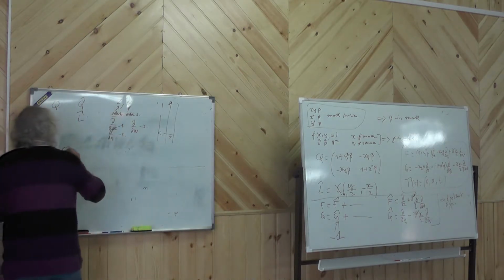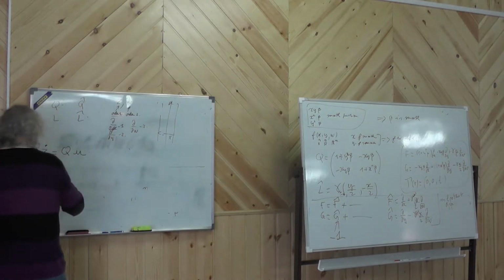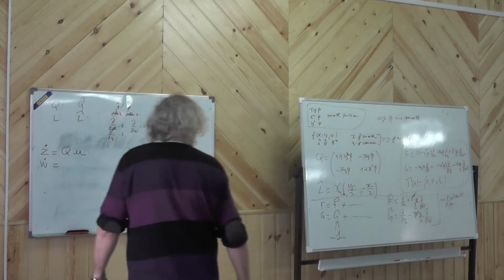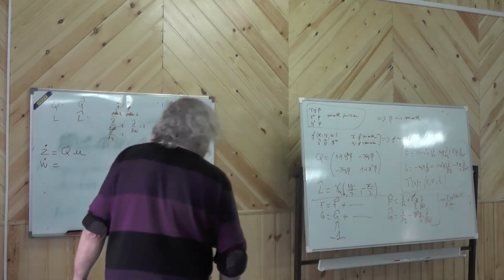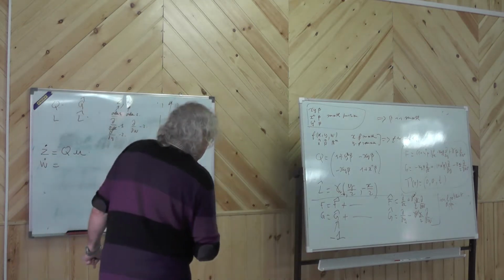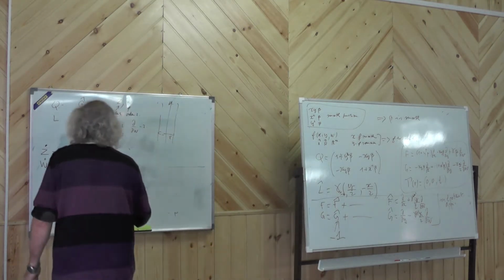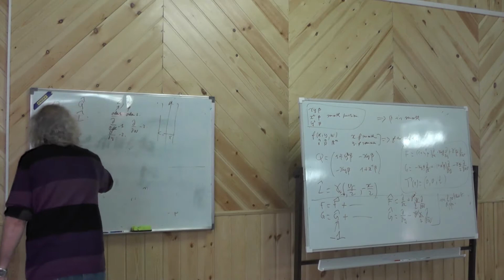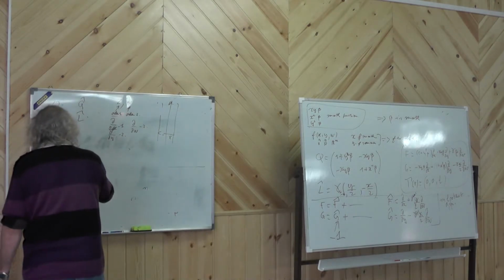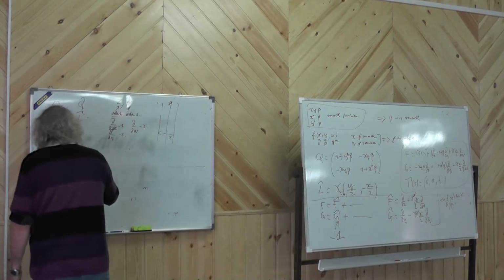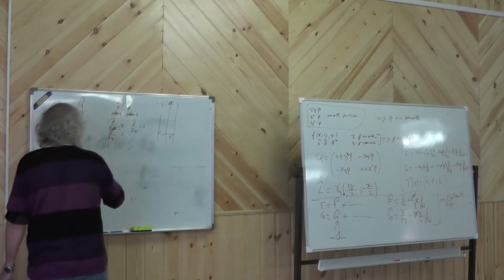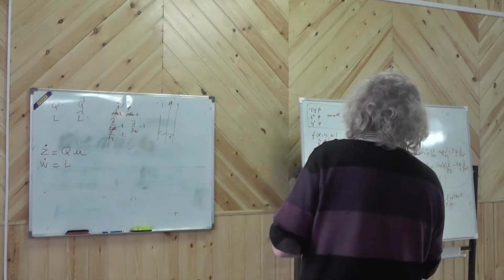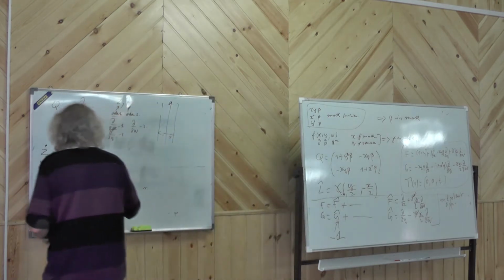Z dot equals Q times U, and W dot equals L. The initial system is Z dot equals QU, and W dot equals LU.